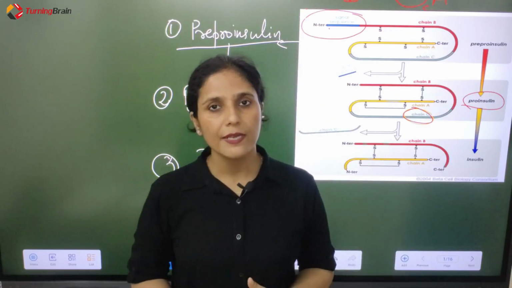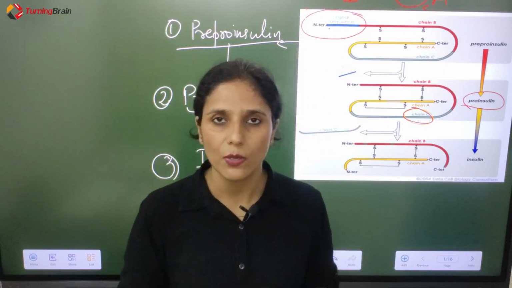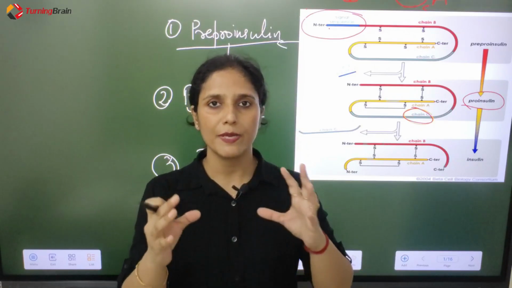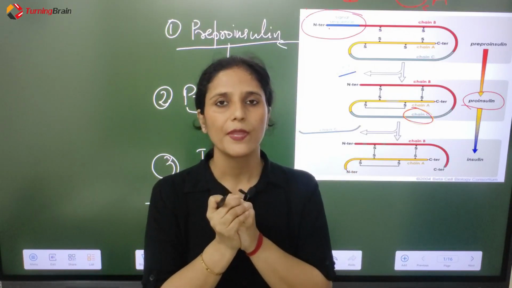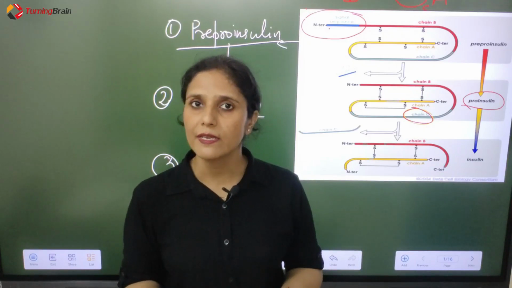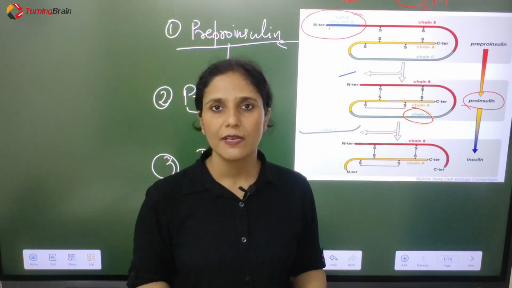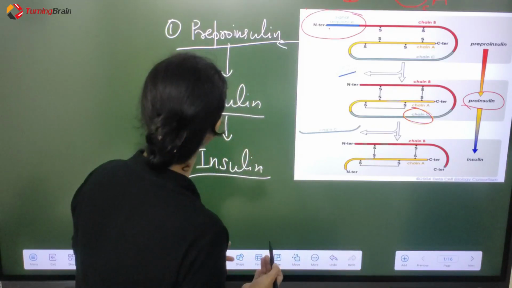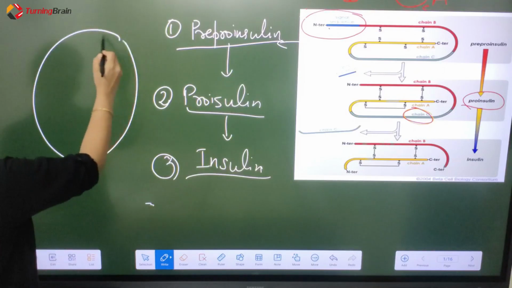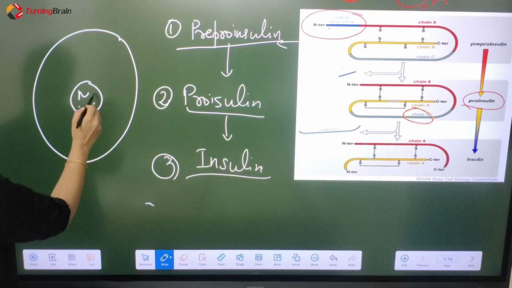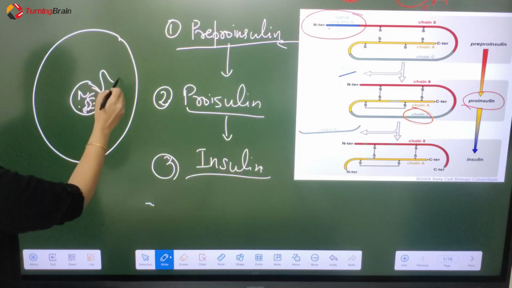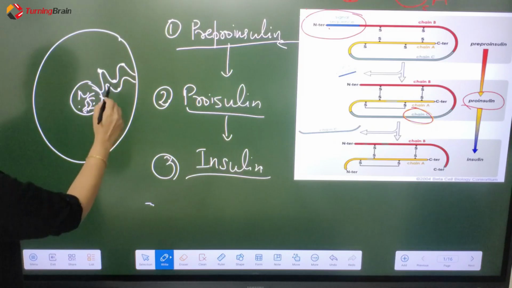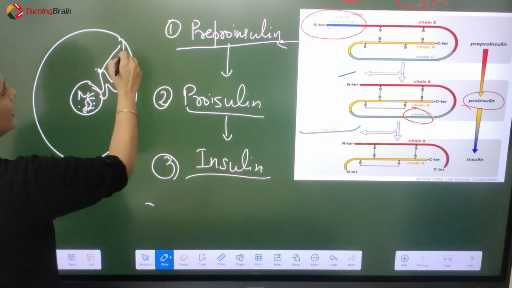Now where are they synthesized, and where are they cleaved? It is a peptide hormone, and a peptide is made up of different amino acid sequences. Any peptide hormone or protein is made in the cell machinery. Where is the machinery for protein synthesis? We know it is the endoplasmic reticulum. In the cell there is the nucleus, and there is the rough endoplasmic reticulum like this.